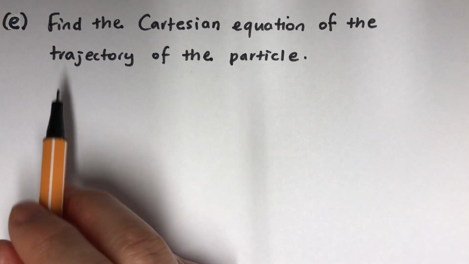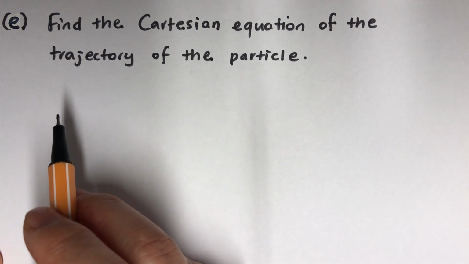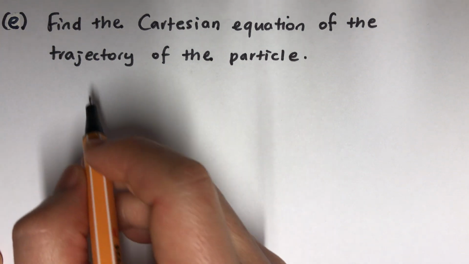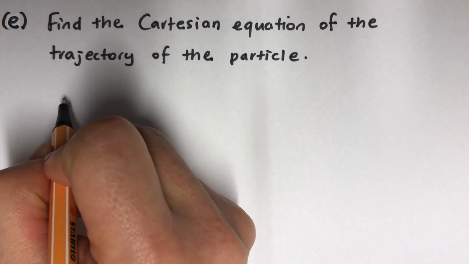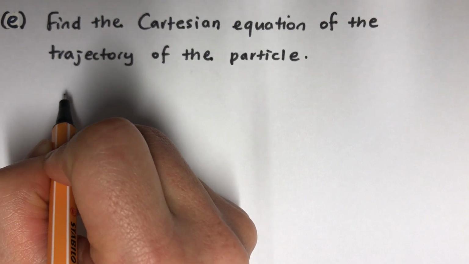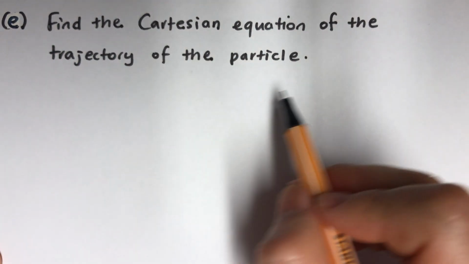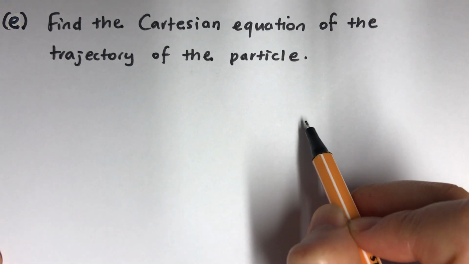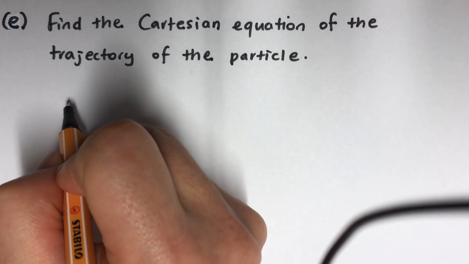Anyway, the last one, find the Cartesian equation of the trajectory of the particle. Okay, so this is the projectile motion with the actual pathway, the equation for the pathway, which is the parametric.